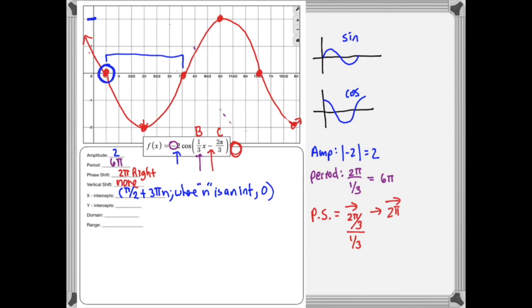Okay, and so we are almost there. We got the y-intercept, which I'm going to plug in 0 for x.